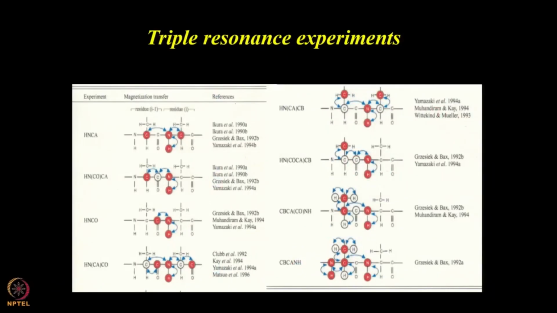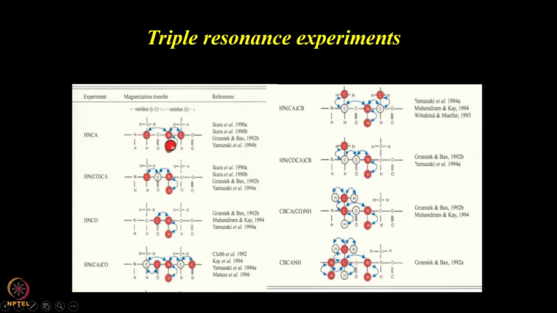Okay. Let us look at this particular experiment, which is called the HNCA. What does this represent? This experiment represents that along one axis you have the proton, along the second axis you have the carbon, these are the C alpha carbons, and on the third axis you have the nitrogen.